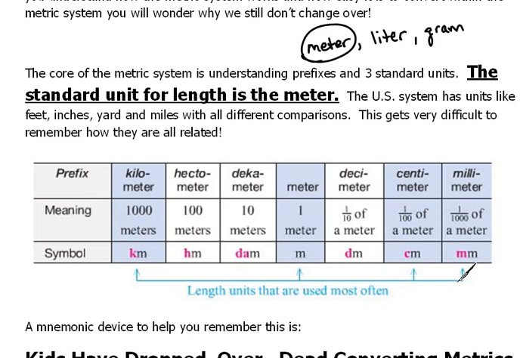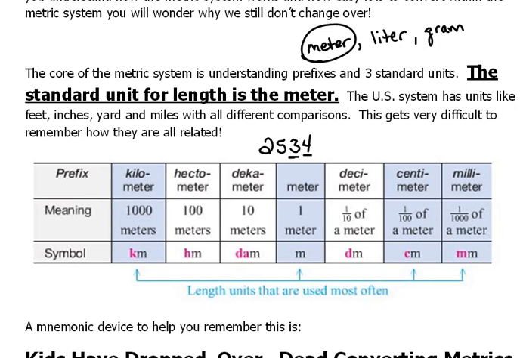When it comes to the metric system, it's base 10, and that's what makes it so nice, because our own numbers are base 10. So, for instance, let's just look at the 1, the 10, the 100, and the 1,000. If I were to have a number, let's say 2,534, this position is our ones position.